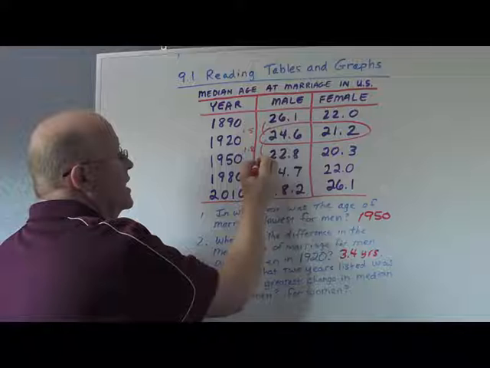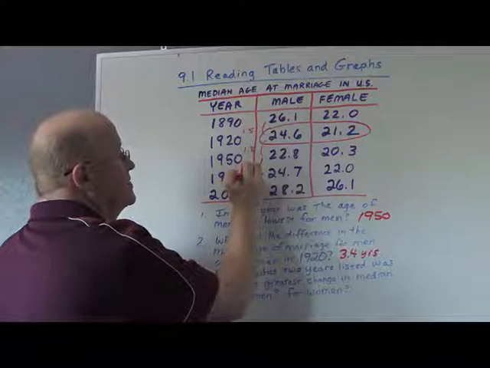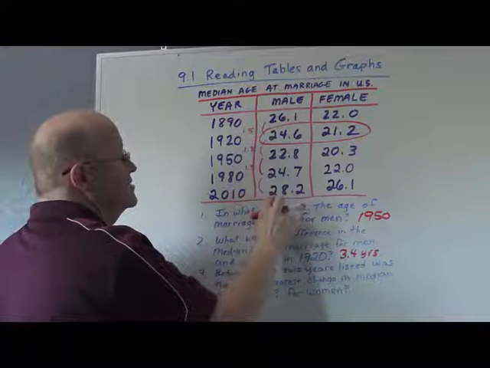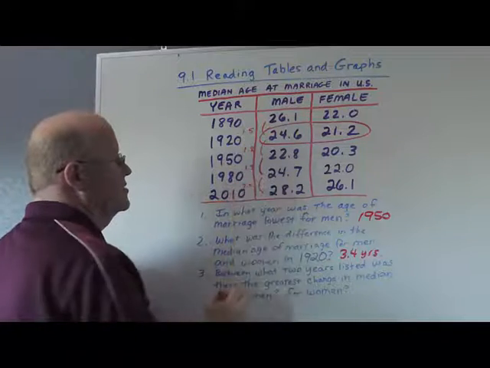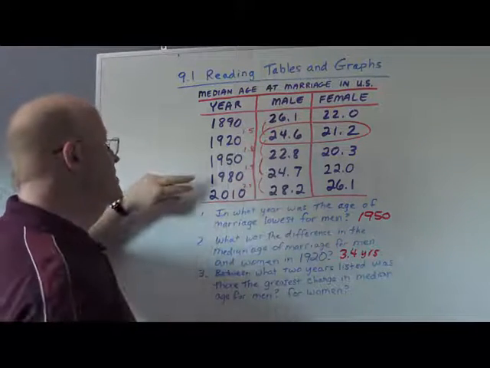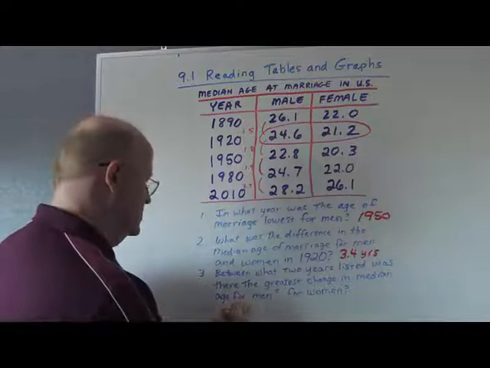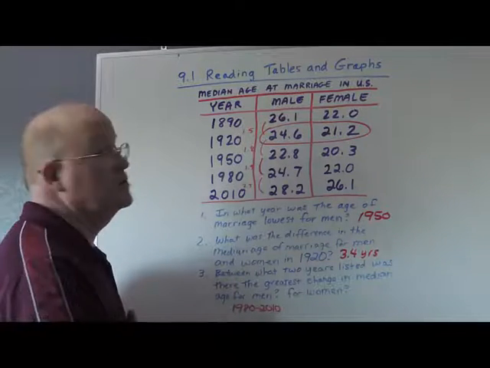Between 22.8 and 24.7, by subtracting, we can find out the difference is 1.9 years. And between 24.7 and 28.2, it is 3.5 years. So definitely between these last two years, 1980 to 2010, we have the largest difference between men's age of marriage.